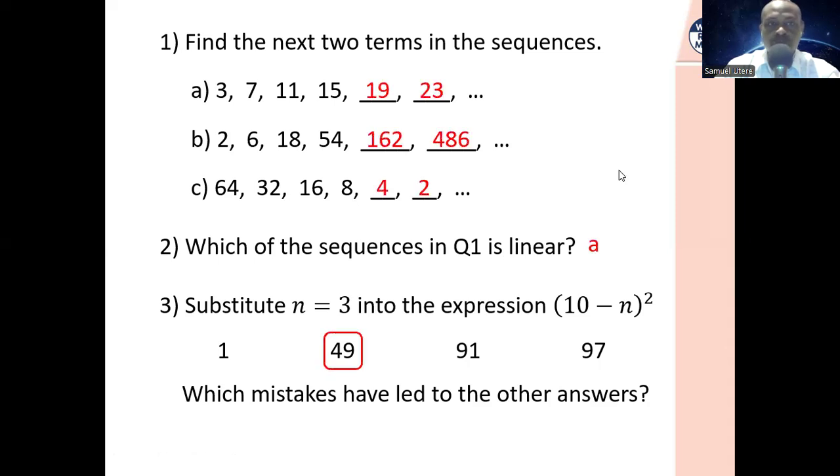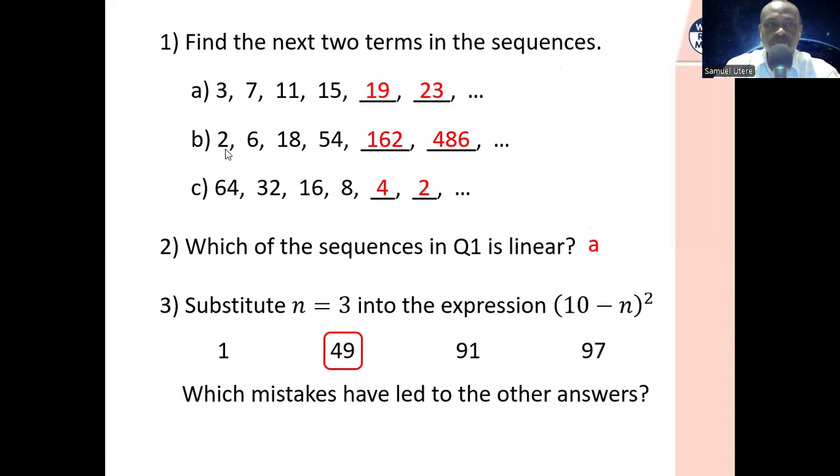So for the first one, you were asked to find the next two terms in the sequences. Here you can see that we're simply adding 4. So here 15, you just need to add 4, and then to get to the next one, you just need to add 4. Here you can clearly see that we're multiplying by 3.